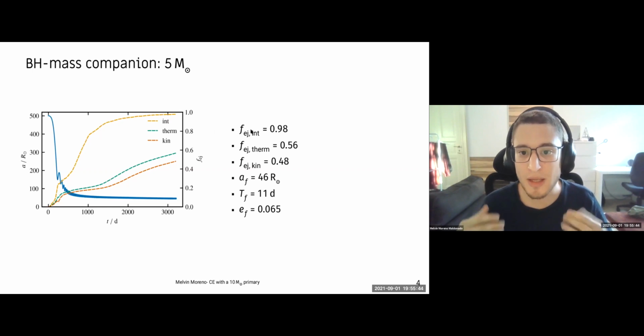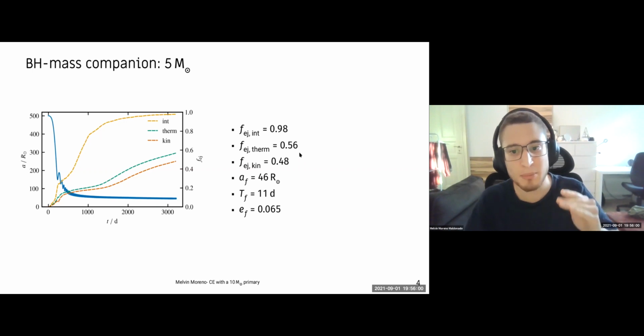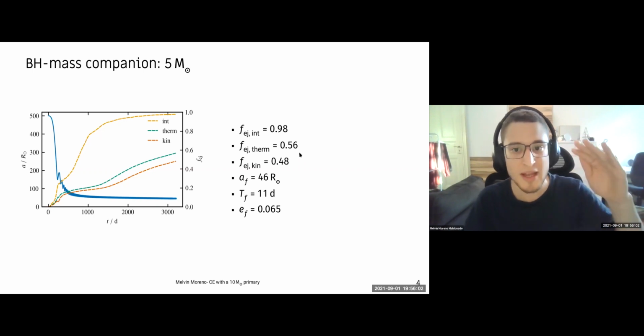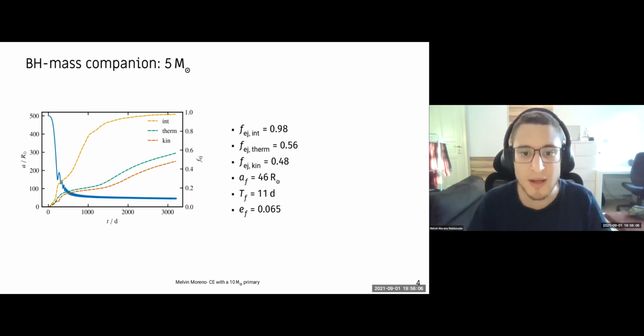With the internal criterion taken into account, we have 98% ejection of the material by the time we stop the simulation. And in the thermal and kinetic, we have roughly 50% of the material, which is still increasing. And we expect it to just be increasing until it reaches the internal value once the recombination energy is kicking in. I think this has already been discussed. If not, please ask me in the questions.